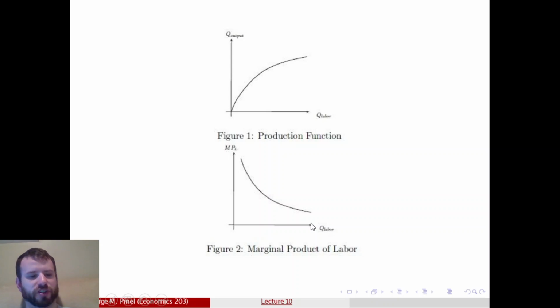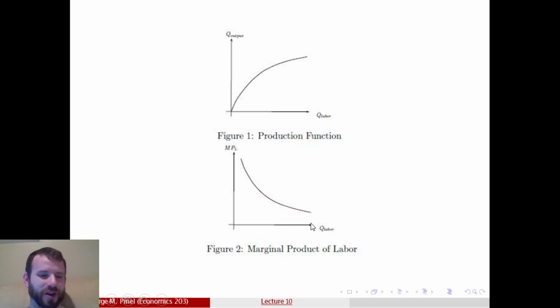And I don't want to harp on this too much because we've seen this with diminishing marginal utility now, I think 2 or 3 times, and this is just the same pattern, and you'll see it again, I'm sure, in your later econ classes if you decide to take them. Diminishing marginal x is just a thing in economics, so it tends to happen.